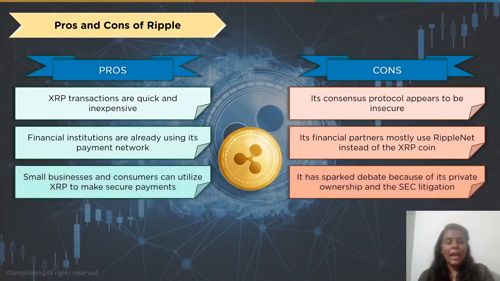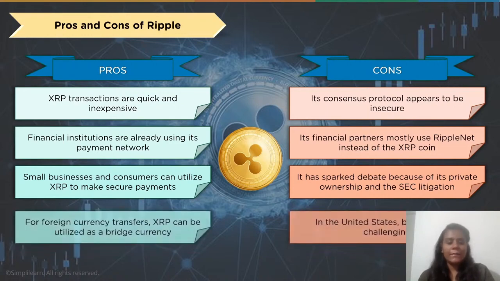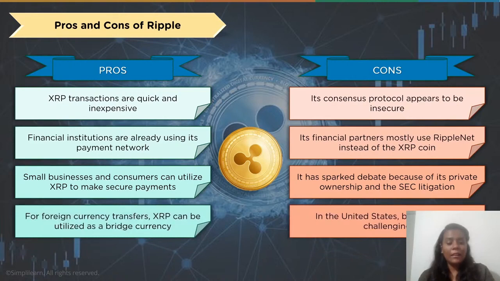Next, small company owners and individuals can utilize XRP to make safe money transactions. Yet because it is administered by a private corporation and because of the SEC litigation, Ripple has sparked debate. And for foreign currency transfers, XRP can be utilized as a bridge currency. But in the United States, buying XRP is quite challenging.